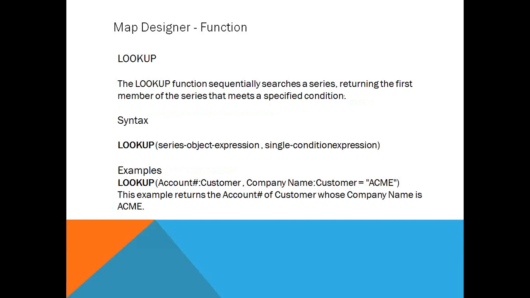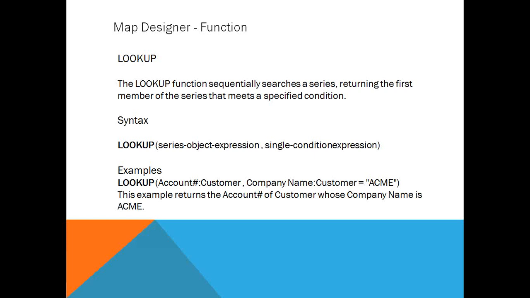Then lookup. The lookup function sequentially searches a series and returns the first member of the series that meets the specified condition. That means it will have two arguments. The first argument is what it should return, which series it should return. The second argument is the condition.